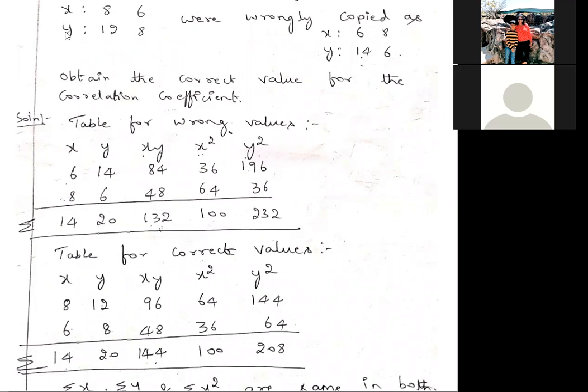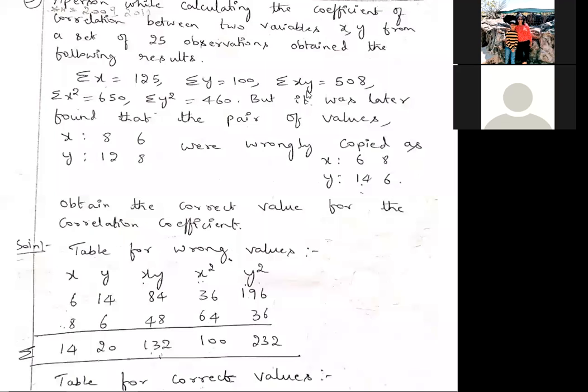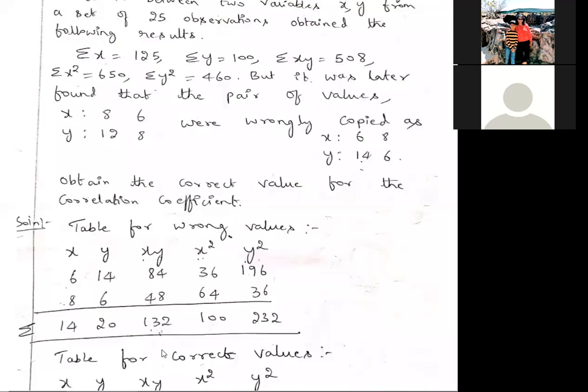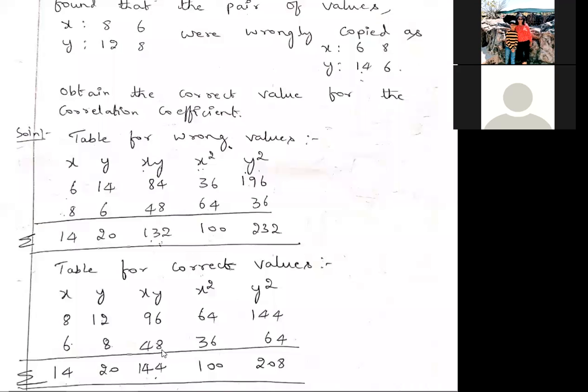So whenever it is like this, you have to go back here, summation xy. The entire 25 observation summation is 508. Out of that, you should remove the wrong sum. That is minus 132 you should do. And then you should add the correct value. Because you can't sum up all the 25 as 25 values are not given.